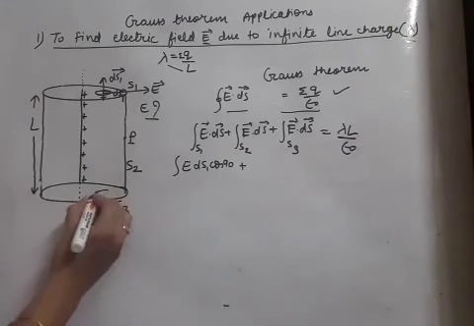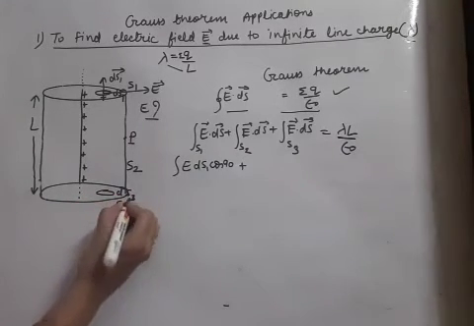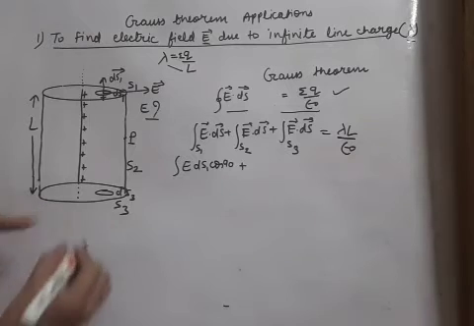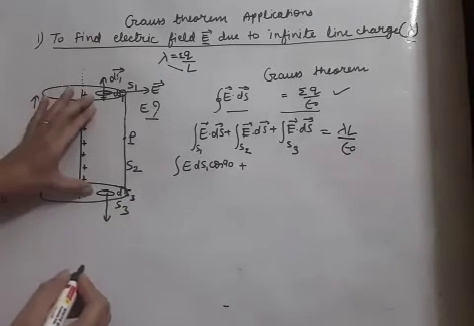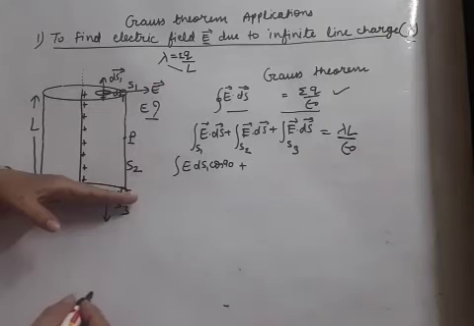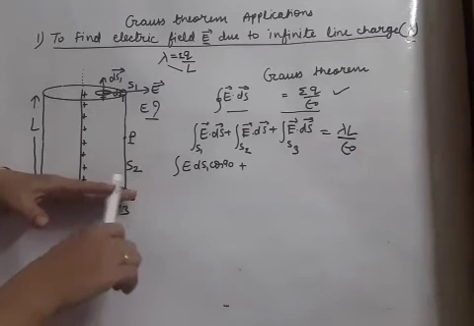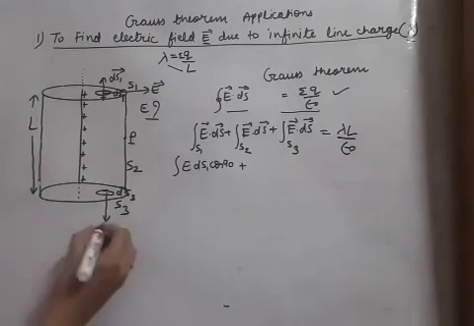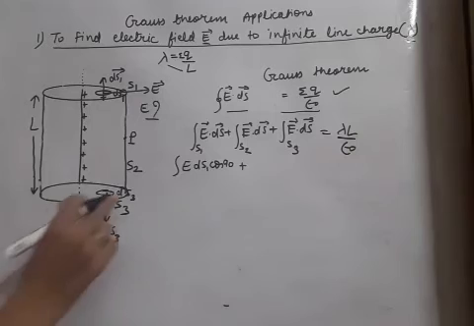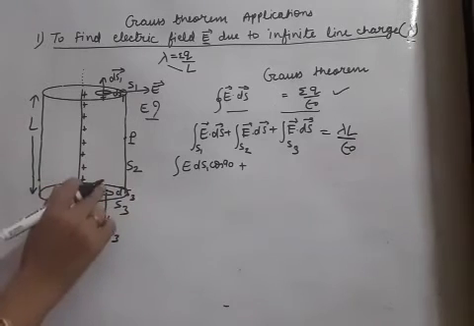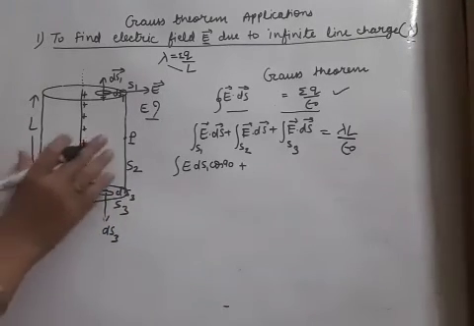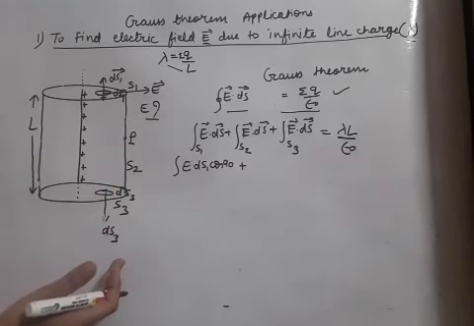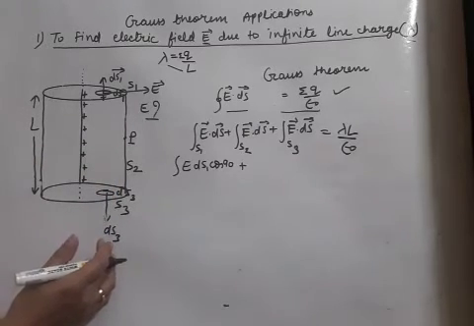In the same manner, if we solve for the S3 surface, S3 is also a circle, horizontal. We have to first show ds3, meaning a small part of it. Then the ds3 vector means the outward drawn one. Now the cylinder is here, so of this circle, the outward drawn normal vector. See, the normal to this can be above also or below also, but we have to take the outward vector, that means from the cylinder outwards. So the ds3 vector is this.